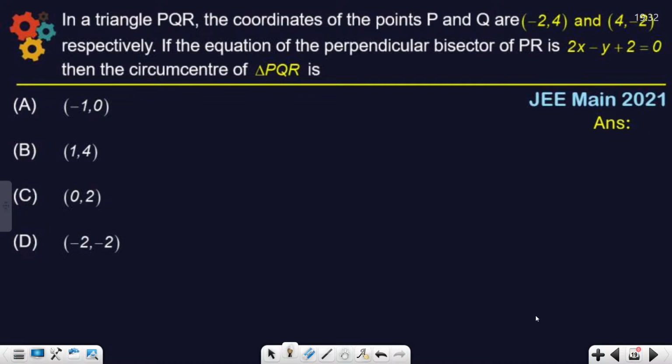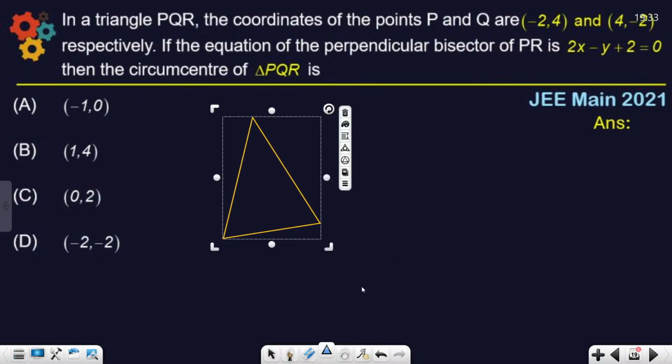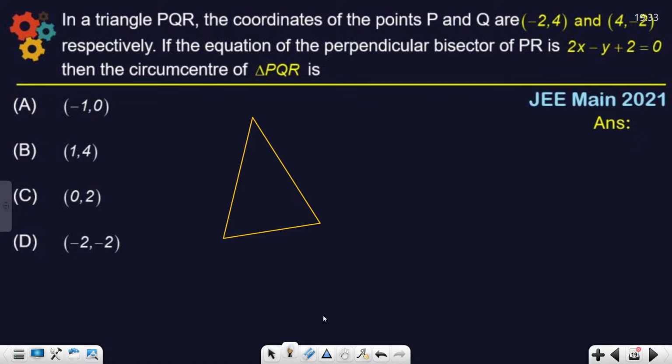So this question came in our JEE Main 2021. In the triangle PQR, so let me just draw the triangle first. Read the question one by one, line by line, and then after that try to think what to do.